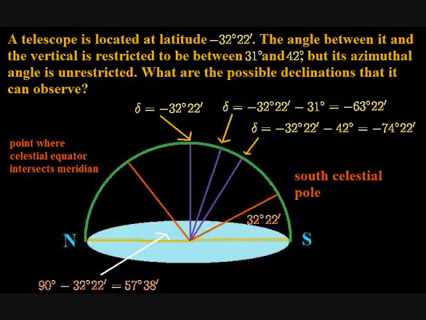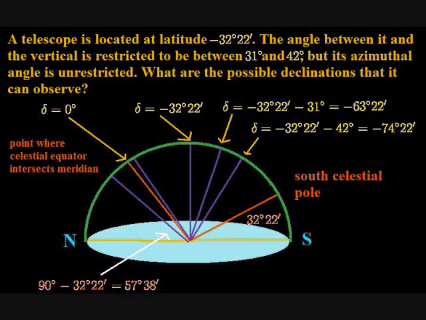Now, just a reminder, the celestial equator has a declination of 0 degrees. So now orient the telescope due north and draw the two purple lines that represent where the telescope can look on the sky if it's oriented due north. All we really need to worry about is the furthest north the telescope can see.